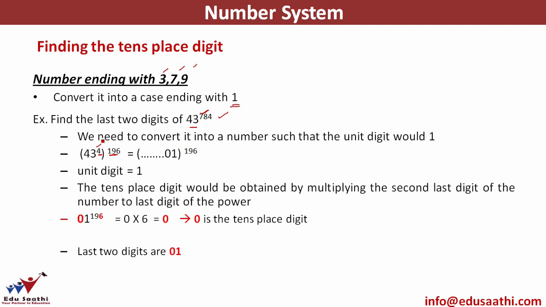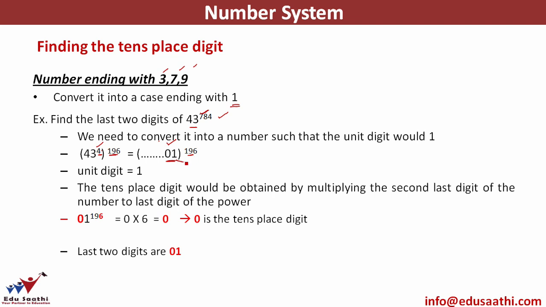Why 4? Because I know 3 raised to power 4 ends up in 1. So I'll find out the value of 43 raised to power 4. I know that 43 raised to power 4 ends up in what? 1. Now to find out this thing, I have another method which I'll just let you know. So first let's look at it. The last two digits of 43 raised to power 4 come out to be 01, raised to power 196.